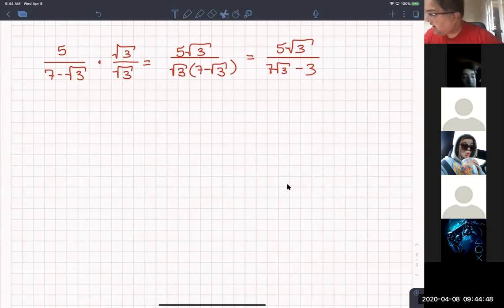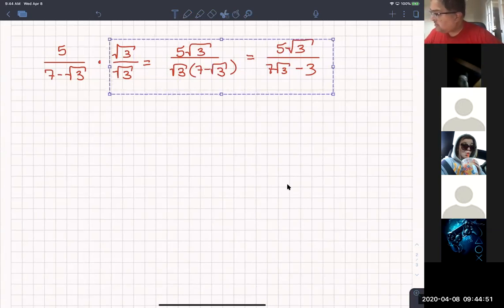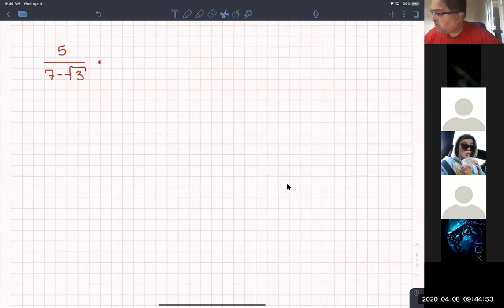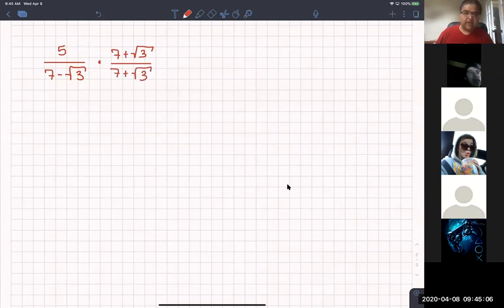So this is why instead of just multiplying by the radical, we have to multiply by the conjugate of the binomial. And remember, the conjugate is the same numbers, but in one they're added and the other subtracted.